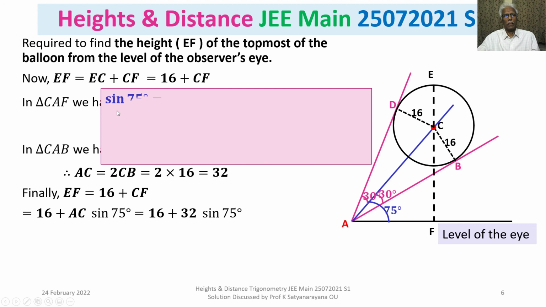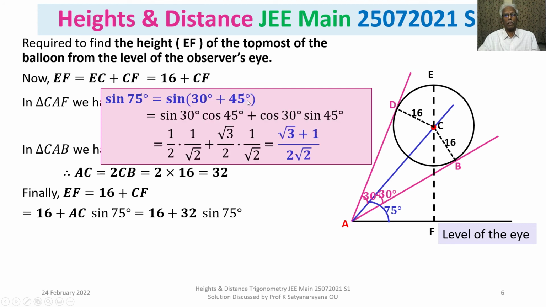Sine 75 degrees is equal to sine of 30 degrees plus 45 degrees, that is sine of A plus B. Sine of A plus B is equal to sine A cos B plus cos A sin B, where A is 30 degrees and B is 45 degrees. Let's put down the values: sine 30 is 1 by 2, cos 45 is 1 by root 2, cos 30 is root 3 by 2, sine 45 is 1 by root 2. Adding, we get root 3 plus 1 by 2 root 2. So sine 75 is equal to root 3 plus 1 by 2 root 2.